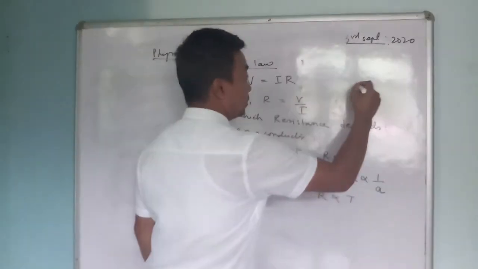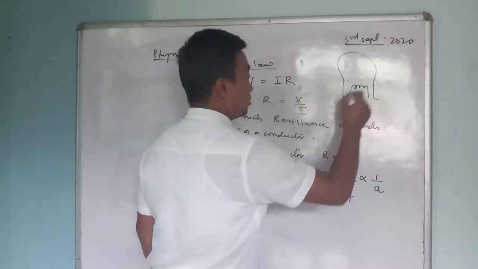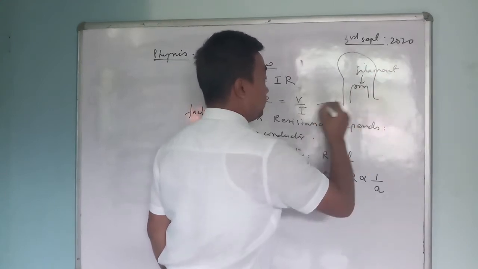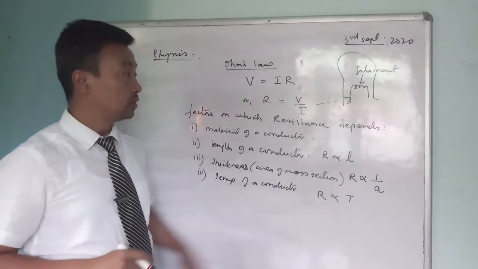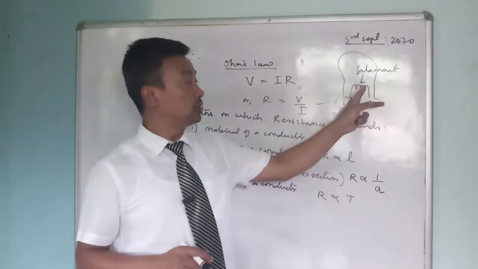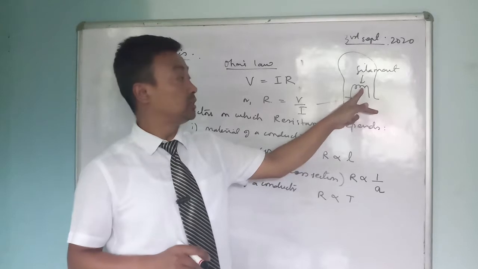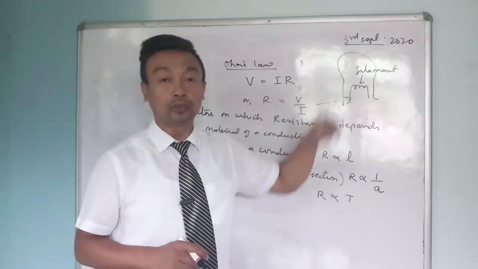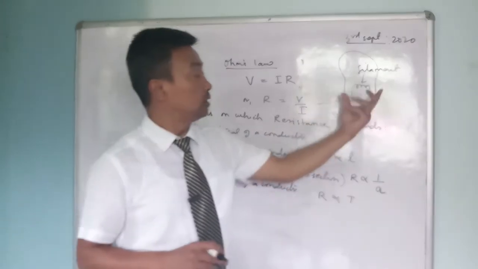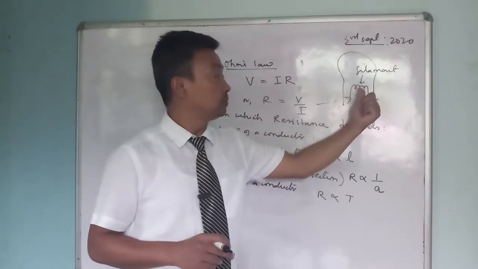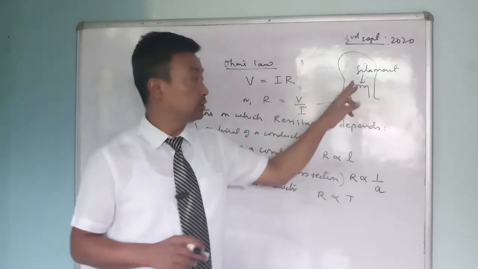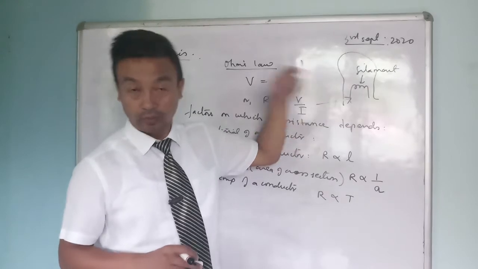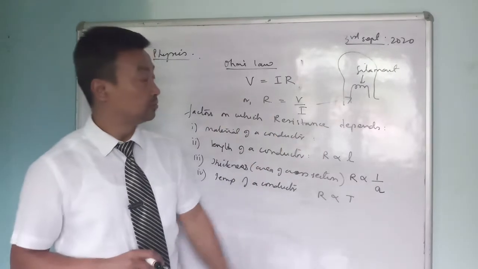When current flows through this wire, it gets heated up, so the temperature increases, and when the temperature increases, the resistance also increases. Whereas when the bulb is switched off, no current is flowing, the filament is not heated, so the temperature is less, and the resistance will also be less.